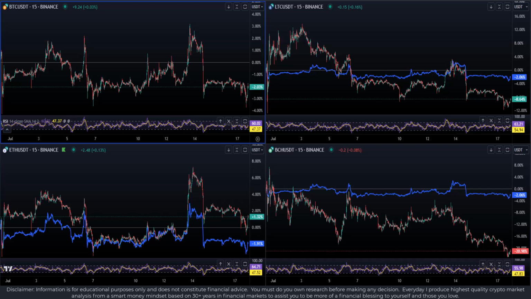XRP had a huge victory when it came to centralized and decentralized exchanges, but it didn't have such a victory when it came to institutional purchases. That's why we may see some momentum inside Litecoin and Bitcoin Cash through the EDX exchange. Keep your eyes on these four: Bitcoin, Ethereum, Litecoin, and Bitcoin Cash.